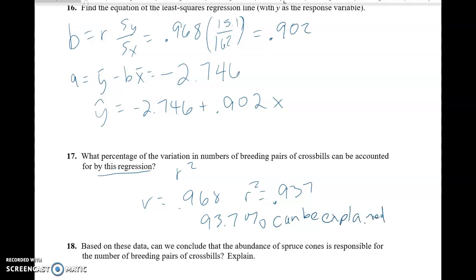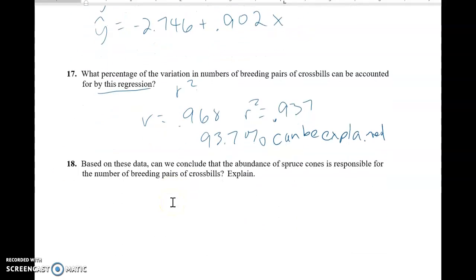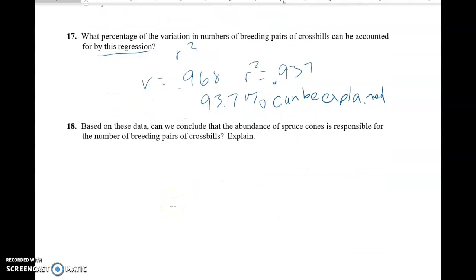Based on the data, can we conclude that the abundance of spruce cones is responsible for the number of breeding pairs of crossbills? Now, they are correlated, but we haven't established any sort of causation. Okay?